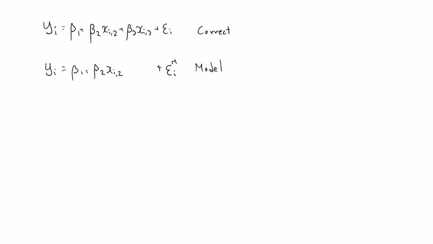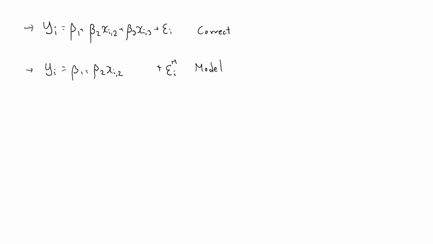So we need to elaborate a little bit more on this missing variable problem so that you don't go away with the wrong understanding of missing variables. So here is my, let's call it my correct specification. It includes both of my explanatory variables, x2 and x3. Here is my model where I have only included x2.